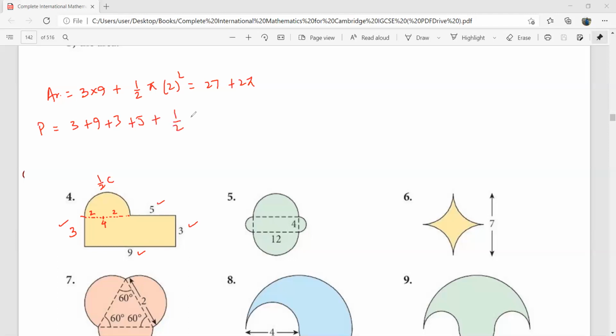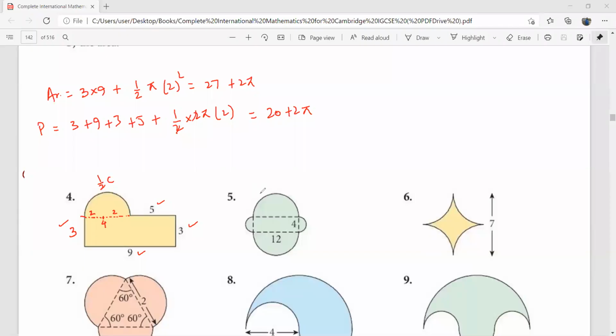You can use half of pi d or half of 2 pi r. So 2 pi and r is 2. So we have the perimeter to be 20 plus 2 pi. You have to put this in your calculator to find its value. Try this fifth question now.